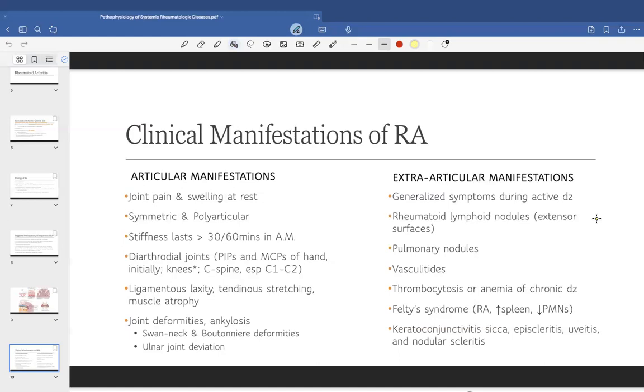And then there can also be a specific syndrome called Felty syndrome, where they have rheumatoid arthritis, plus an enlarged spleen, plus a leukopenia, and more specifically, a neutropenia. Diagrammatically, this shows you some of the manifestations that you can see.